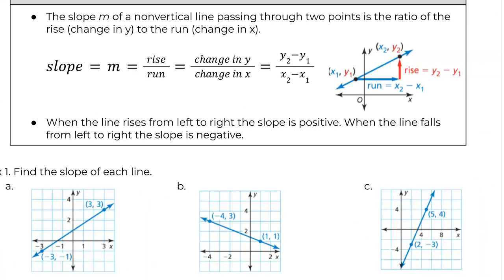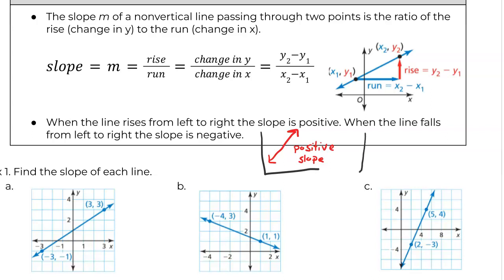Before we move into an example, this last bullet point was something you had on the quick notes yesterday. It says that if your slope goes up from left to right, so if it looks like you're going uphill, like if your graph is looking like this, that means you have a positive slope. Think of it like trending upward, like your grades going up, it's a positive thing.